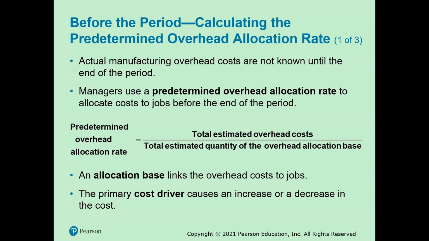So ideally, the allocation base is the primary cost driver of the indirect costs. And a cost driver is the primary factor that causes a cost to either increase or decrease.